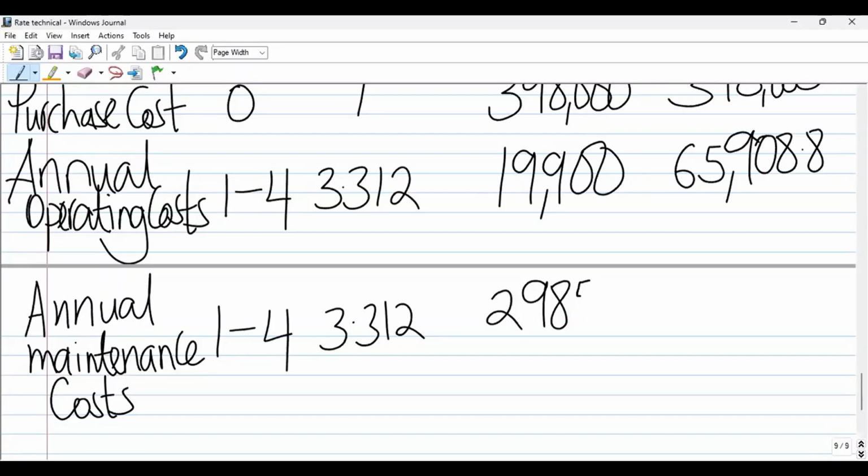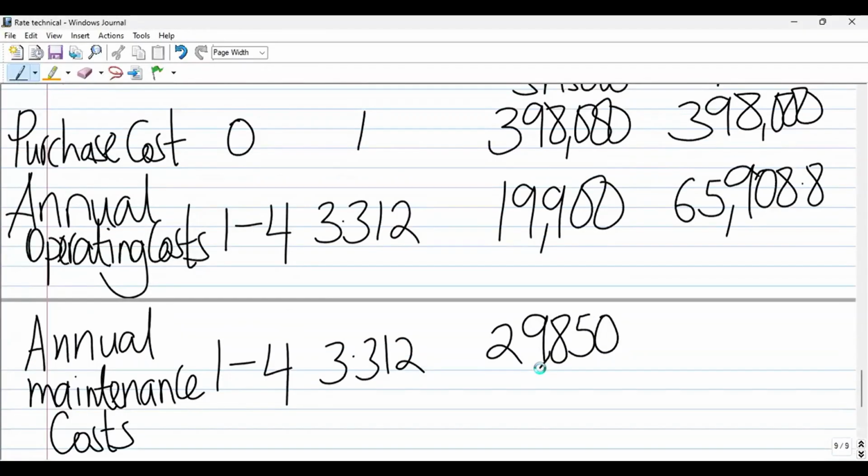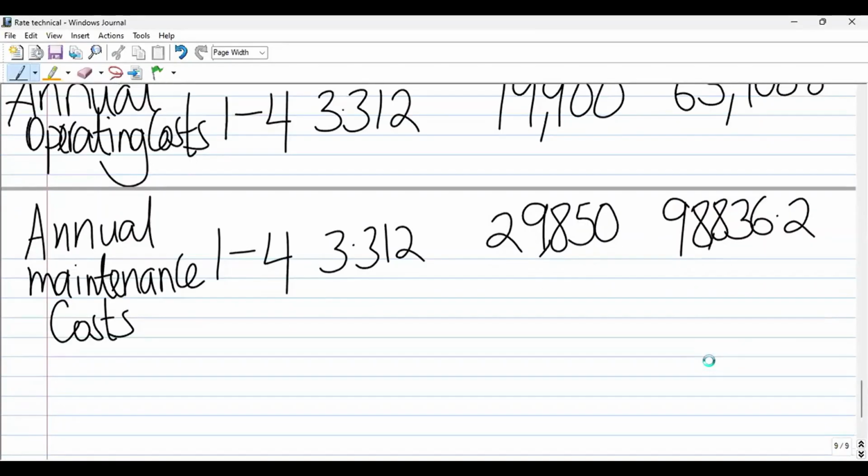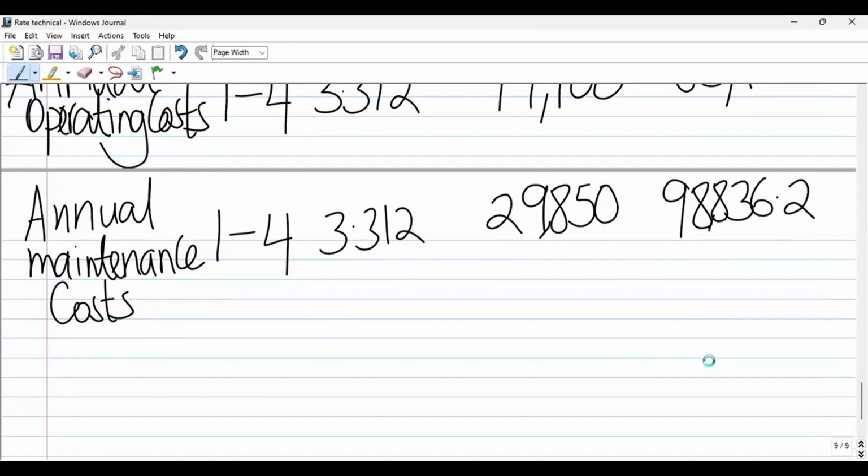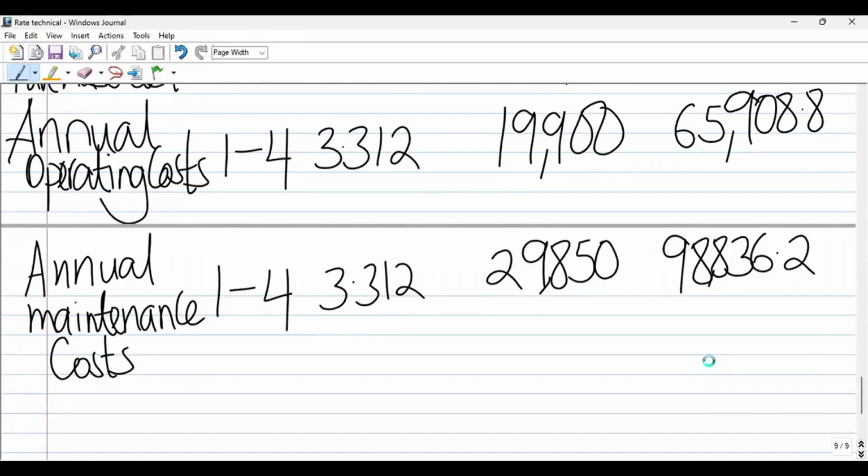So what do we get as the cash flow there? 98,863.2. Not 98,836.2, but 98,863.2.